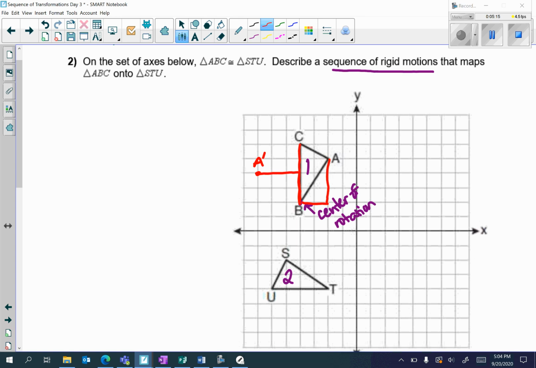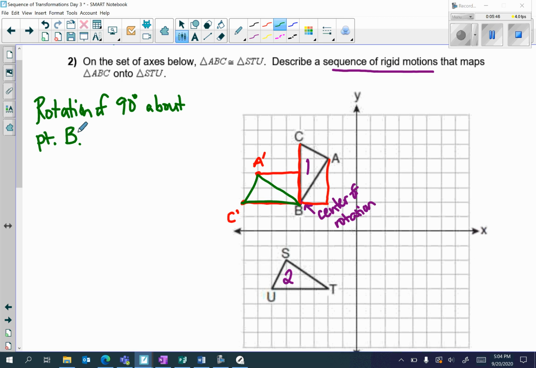So I'm going to go 1, 2, 3, 4 to the left. So this is my new triangle after a rotation of 90 degrees about point B. So we do rotation of 90 degrees about point B.